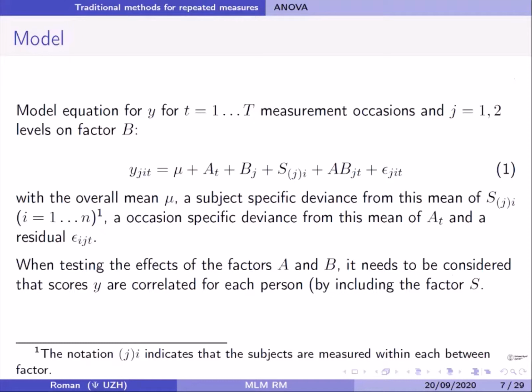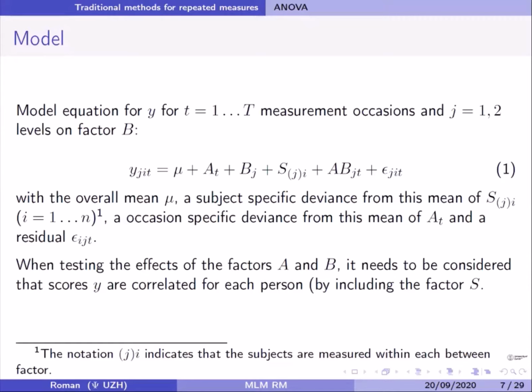And it is comprised of an overall mean, a subject-specific deviance from the mean, here we go, Sji, which is the individual deviation from the group means, an occasion-specific deviance from the mean of A, and a residual, of course.